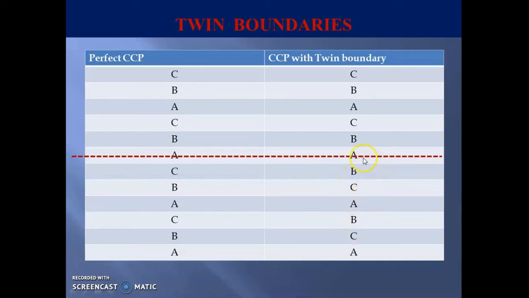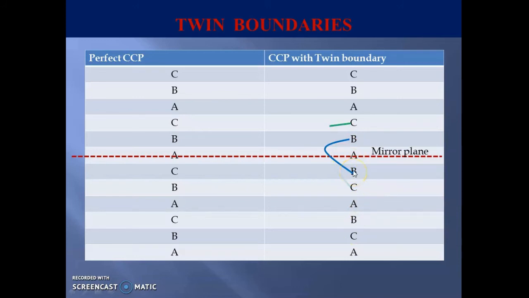So let us see. If we consider this plane as a mirror plane, look at the sequencing above this mirror plane and below this mirror plane. You can see here it is B, C, A, B, C. Here also B, C, A, B, C. So you can see here this B here has been reflected here.